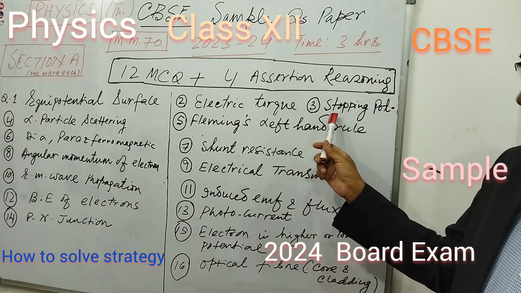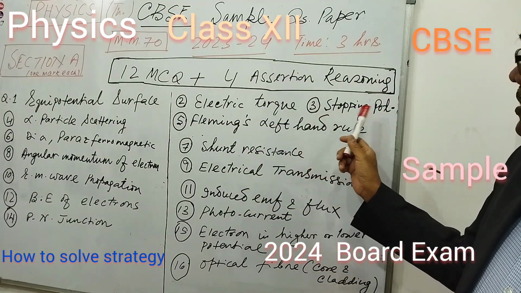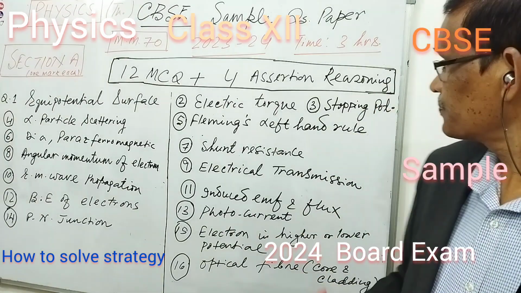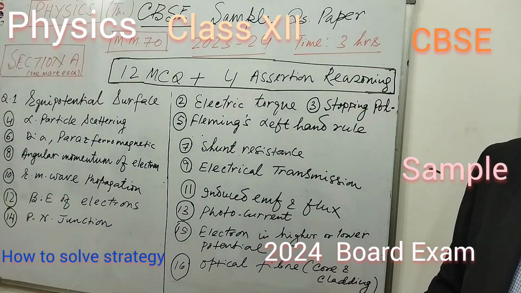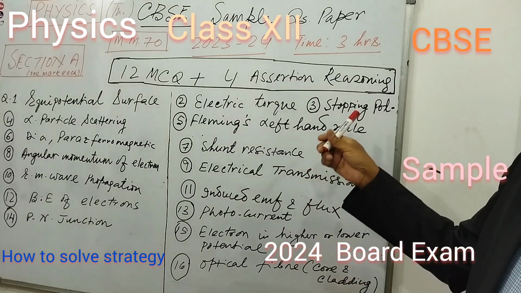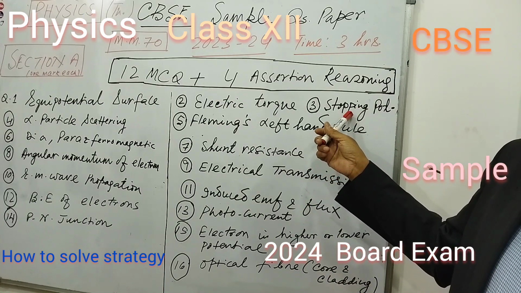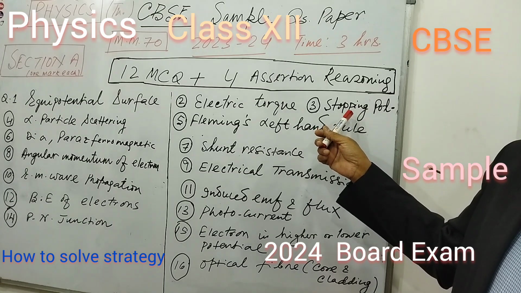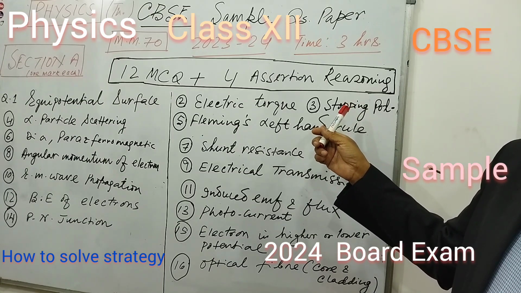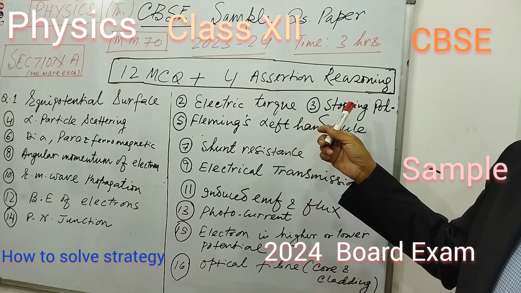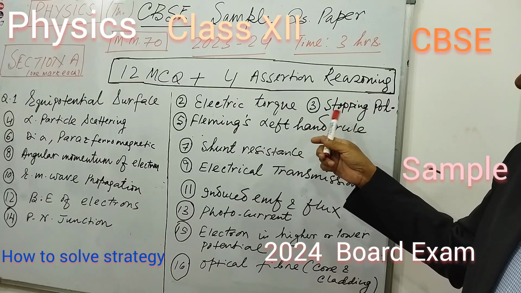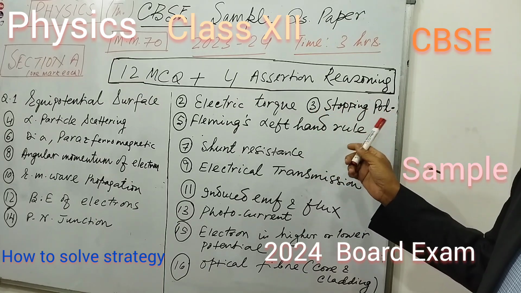The third question of the sample is asking you on the concept of stopping potential, photoelectric equations, stopping potential, and the relation of current and voltage. Remember from the classes, so you will be getting the stopping potential question.